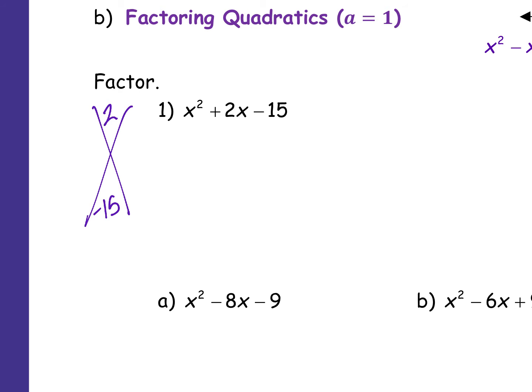What two numbers multiply to be negative 15 and add to be 2? Negative 3 and 5. So this factors to x minus 3 times x plus 5. Done. That's it. Okay?